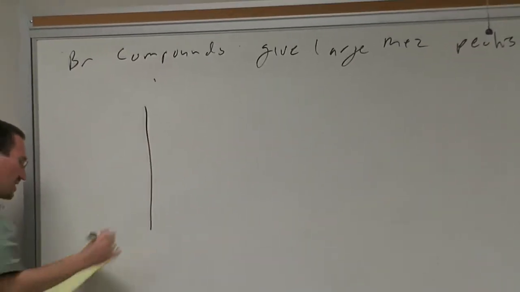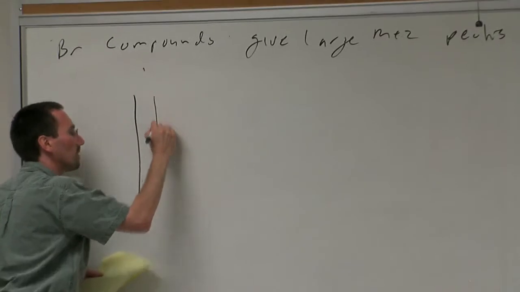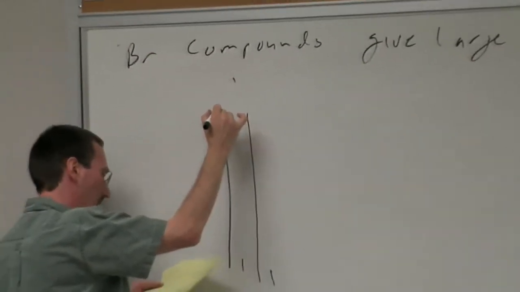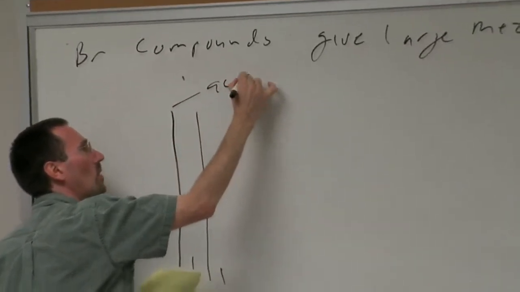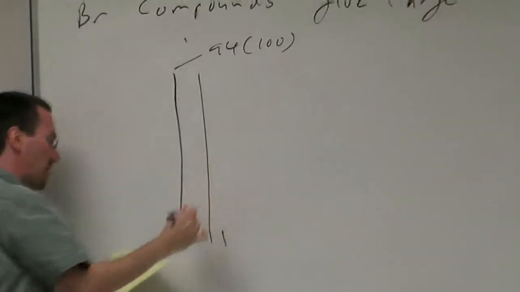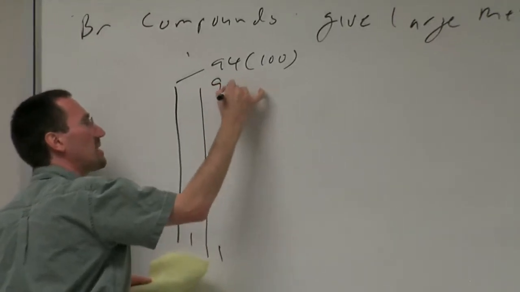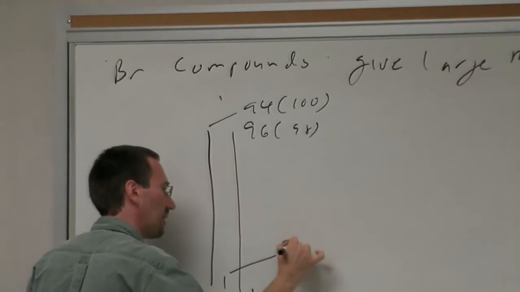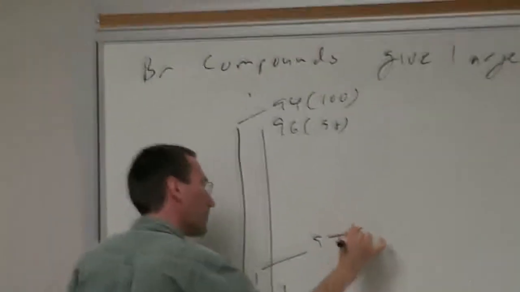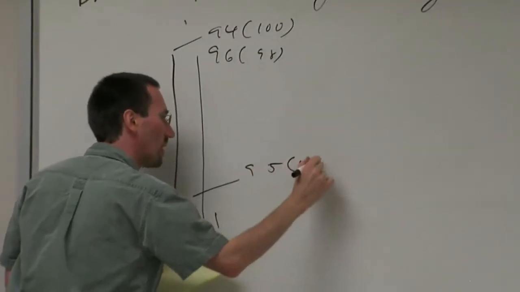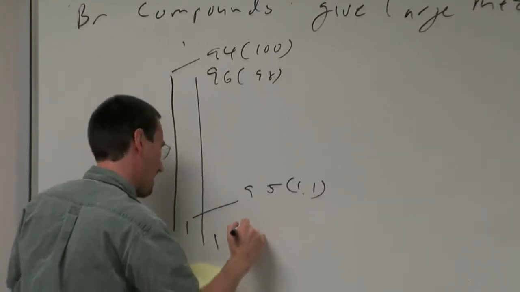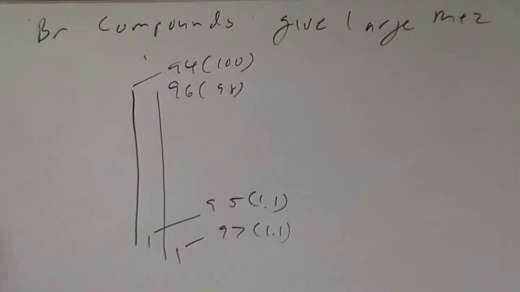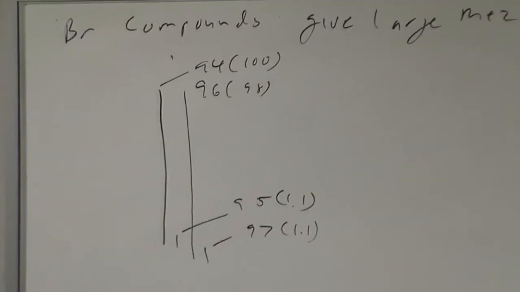Again, an EI mass spec. So let's say we're at 94 with relative intensity of 100. You also have 96 with relative intensity of 98. And you've got a little guy at 95 with intensity of 1.1, and a little guy at 97, also with relative intensity of 1.1, give or take.